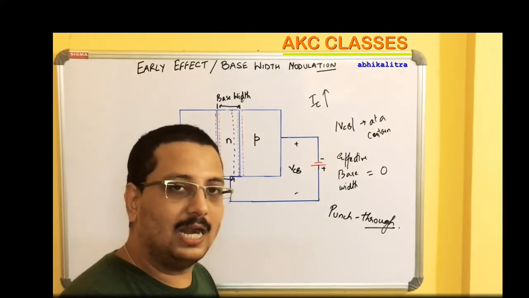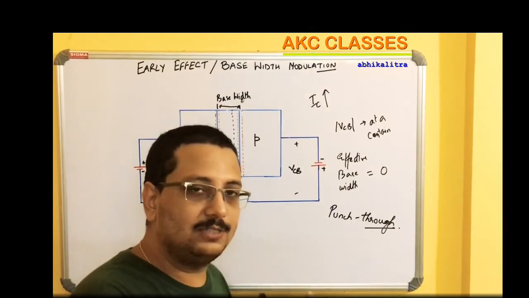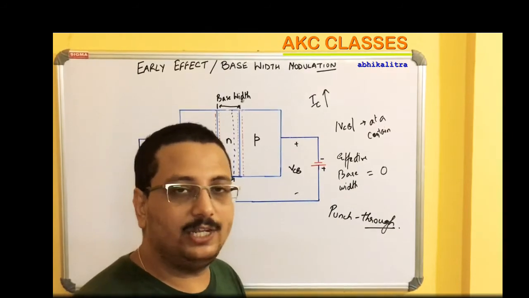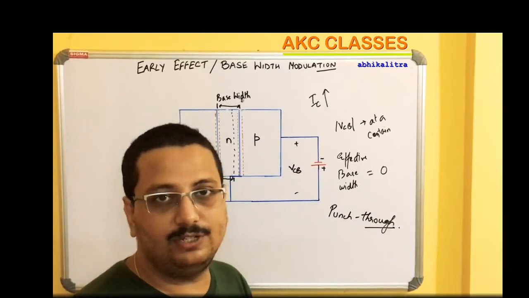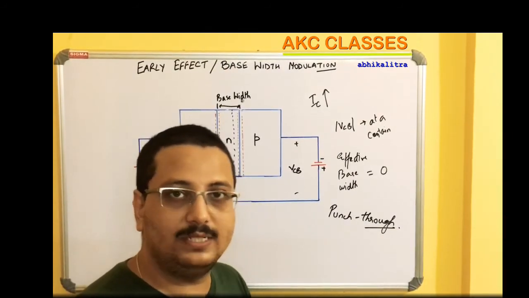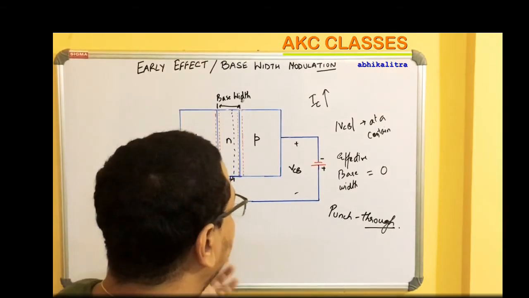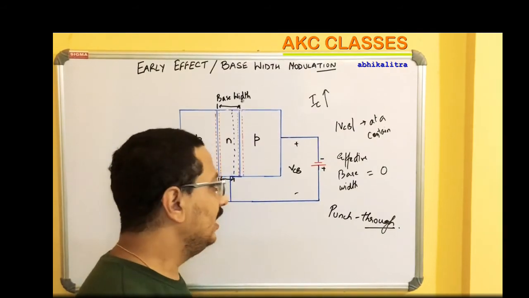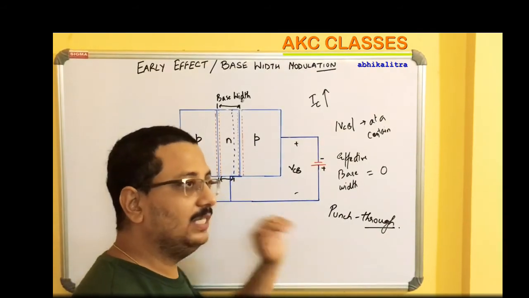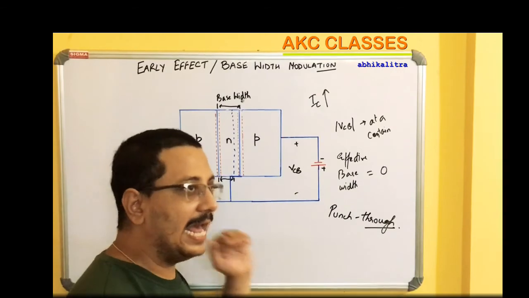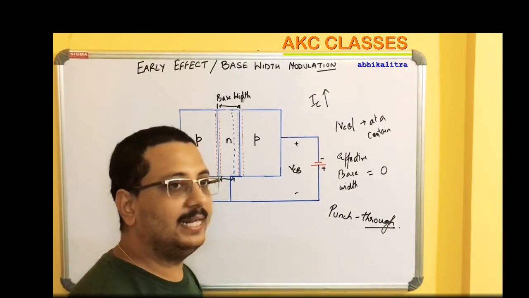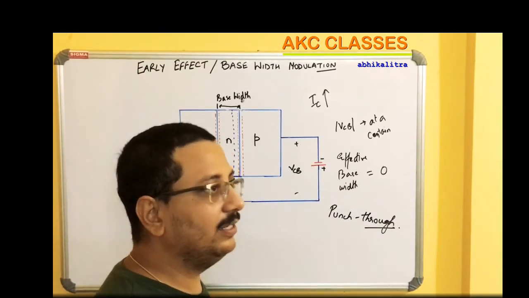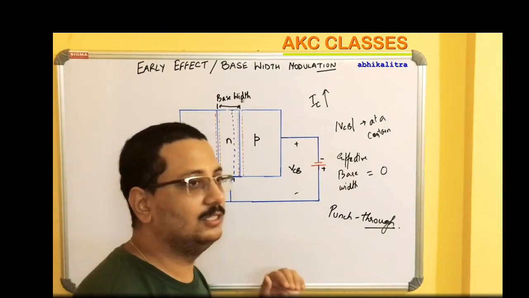A large amount of holes now crosses this depletion region to reach the collector junction, and no recombination is happening in the base region because the effective base width comes out to be 0. And if that happens, due to this large amount of current flow towards the collector junction, this effect is termed punch through, or the breakdown voltage. The entire transistor will break down. This effect is termed the punch through effect.